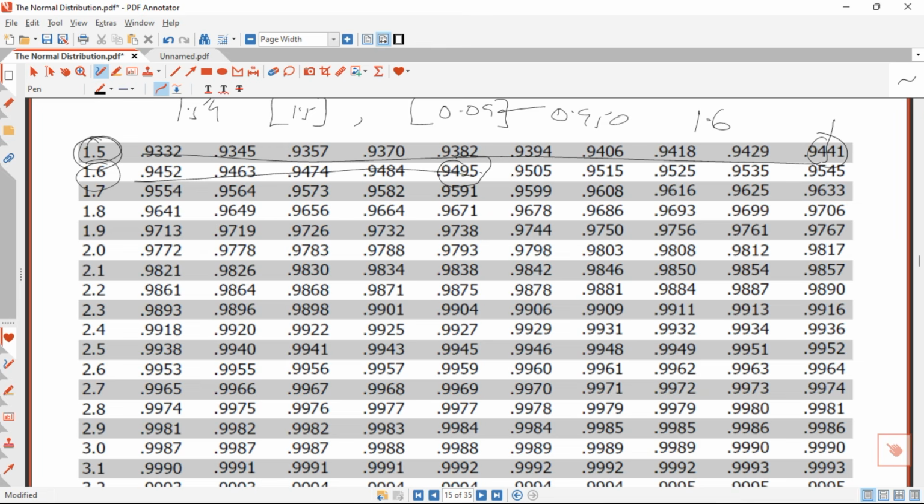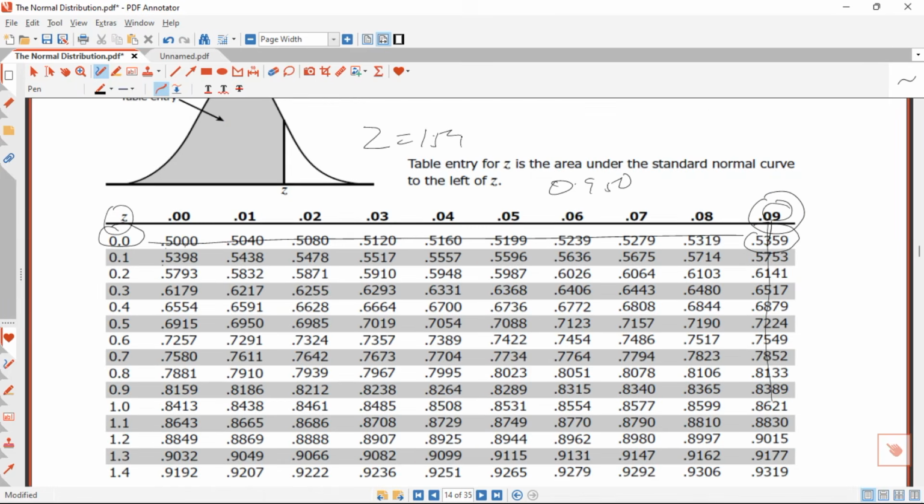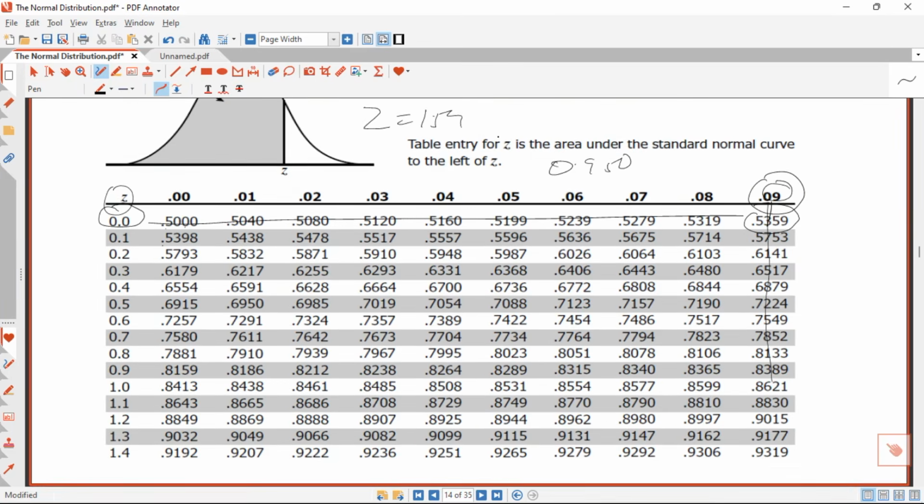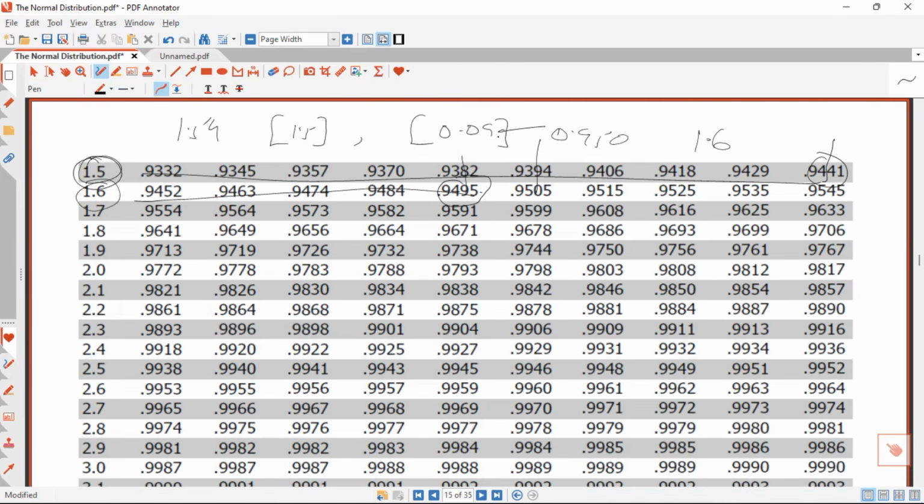Here it's just lying between 0.9495 and 0.9505. So we are just going to trace this one to the top, to the column section, right? So once you trace it to the column section, you are just going to have 0.04 and 0.05 at the column section, right?